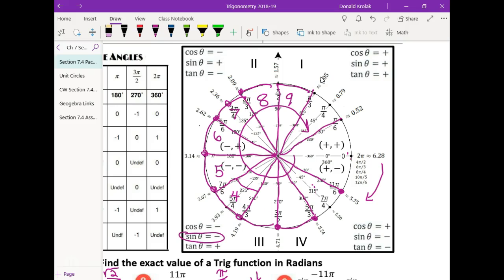I didn't count the first one. So that would put me at 11: 1, 2, 3, 4, 5, 6, 7, 8, 9, 10, 11. 11 slices.